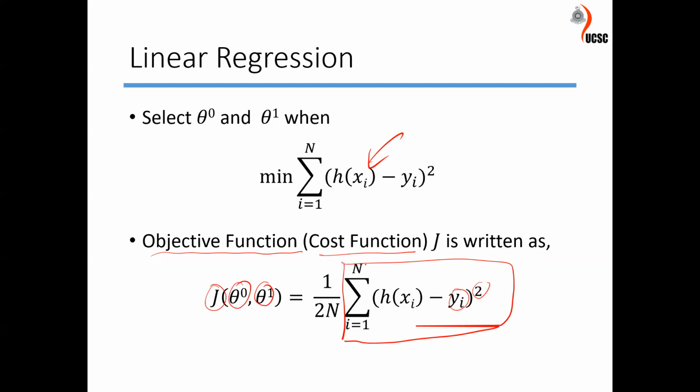Then we have a constant called 2n, so the whole thing is divided by 2n. By dividing by n, you can see it's basically averaging over the data points. This 2 is just a constant, and n is also a constant.